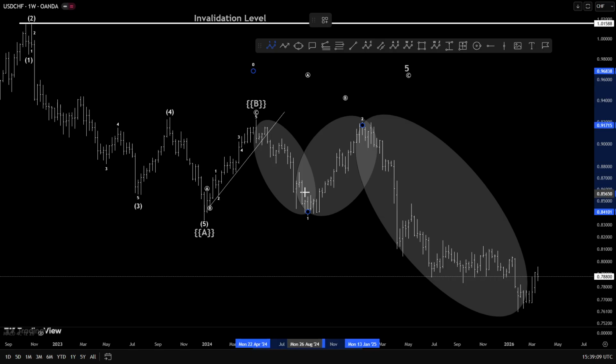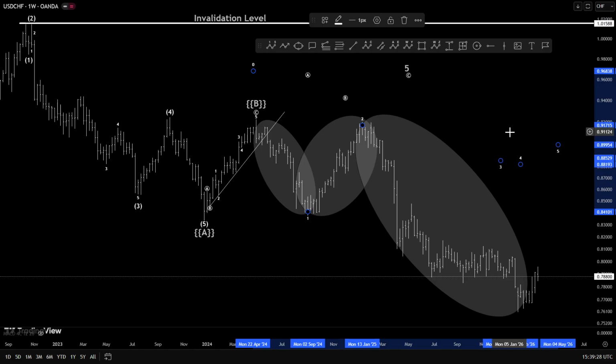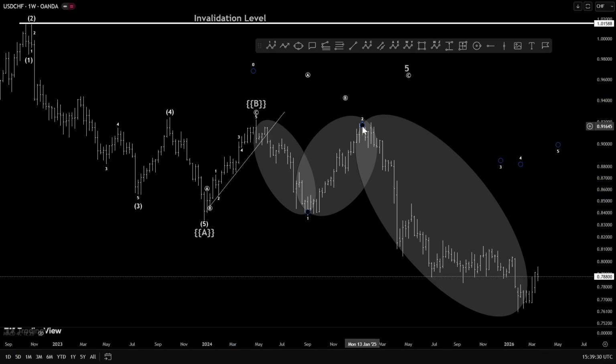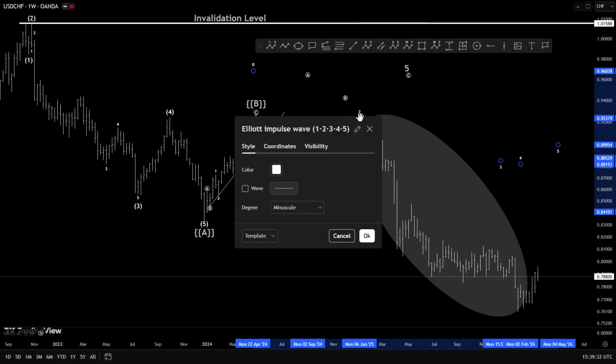But this is just AB, AB, C, W, ABC, WX, Y, XZ. This is a triple three pattern. I'm going to label it. Let us do the label so we are not confused about anything.